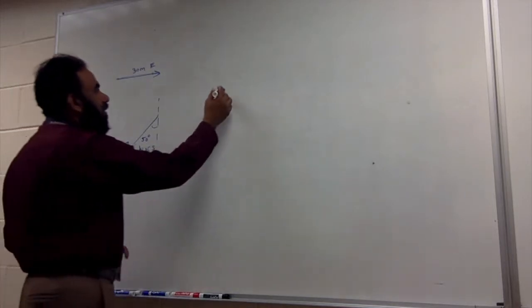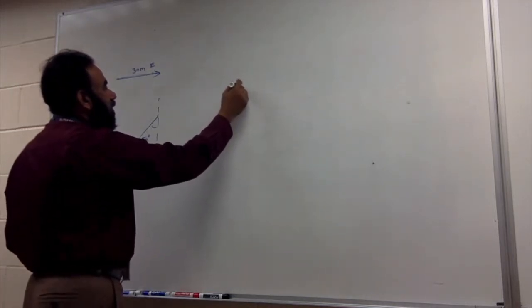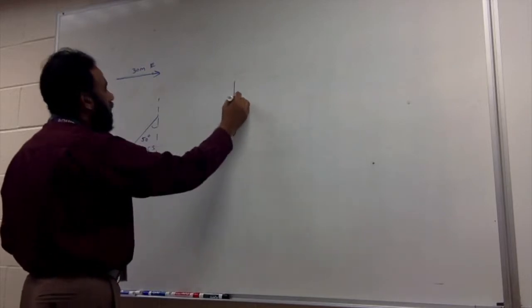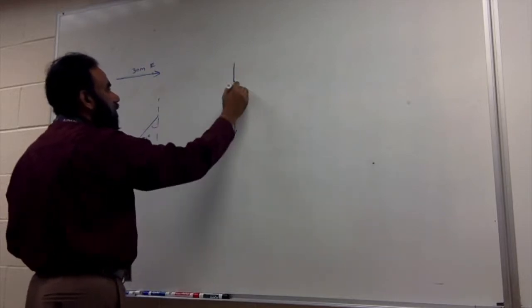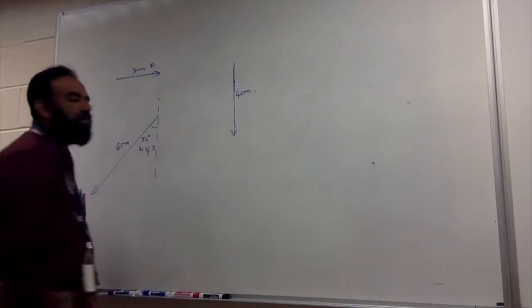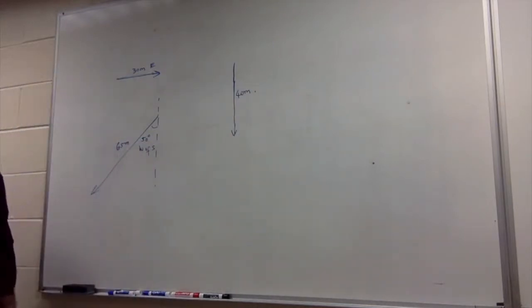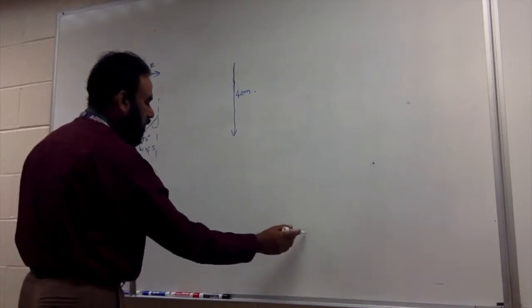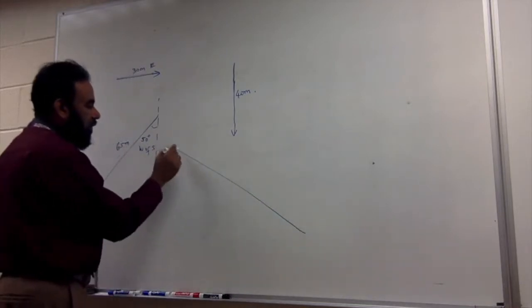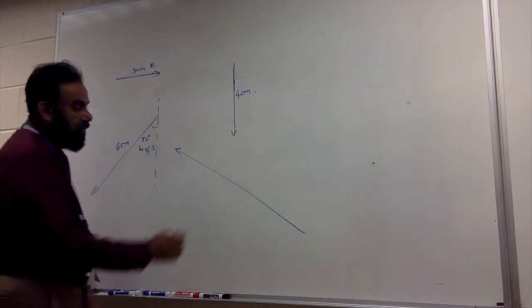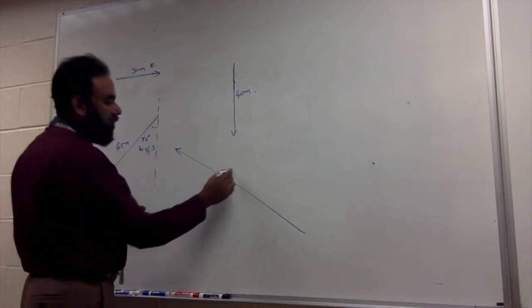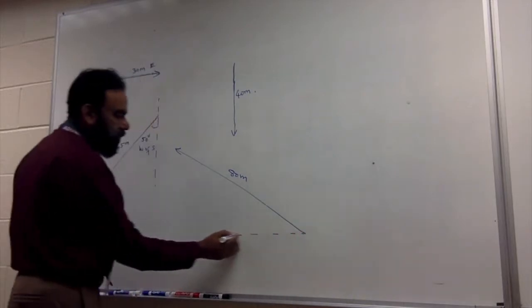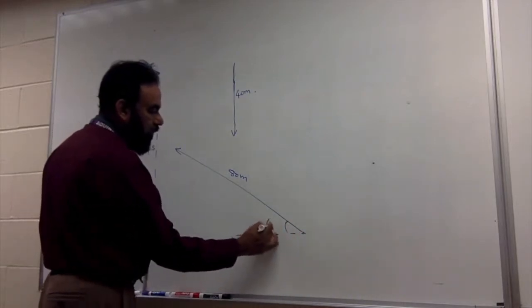Then you have another vector, which is this. South. And there's another vector. 80 meters, 40 degrees.